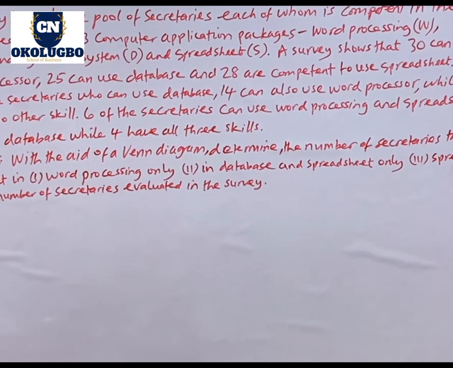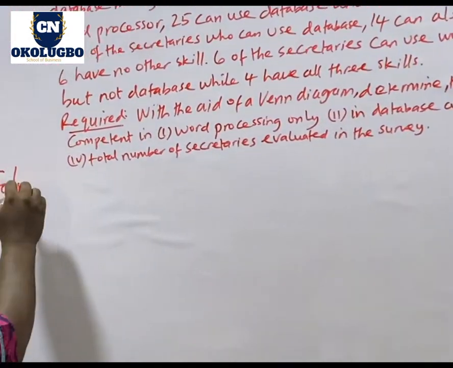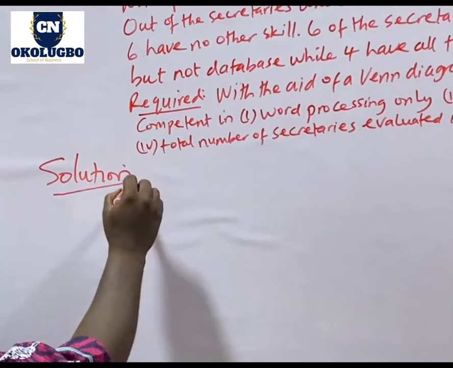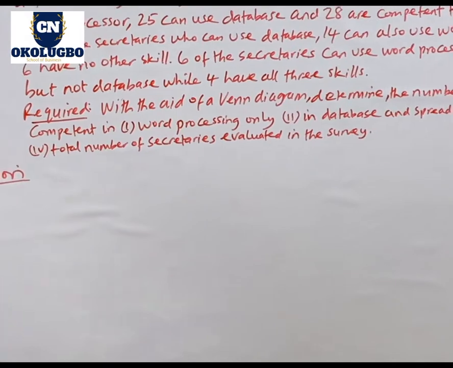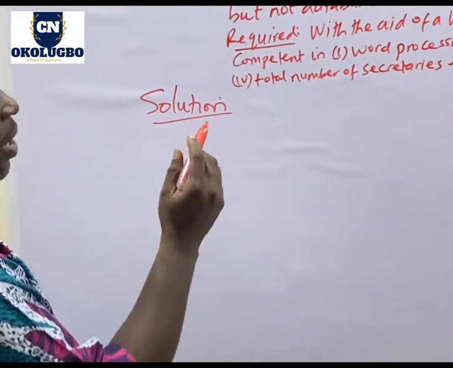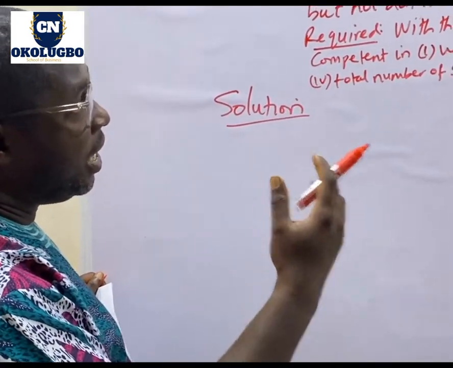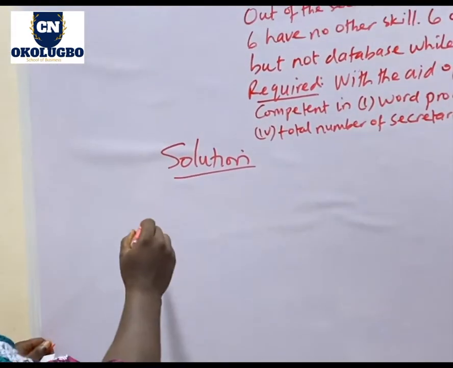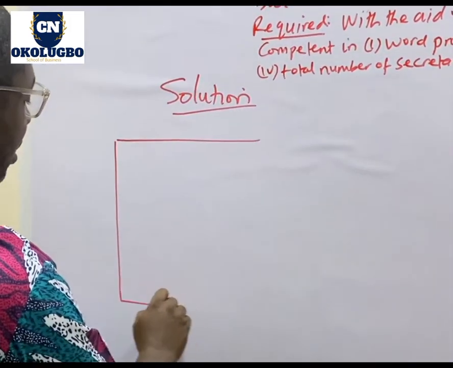So right now, from the question, let's have the solution. From this question, we will represent word processor with W. So we have 3 sets with W, D, and S. Let's draw a Venn diagram to represent this.